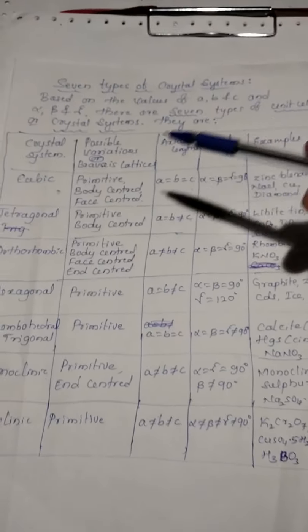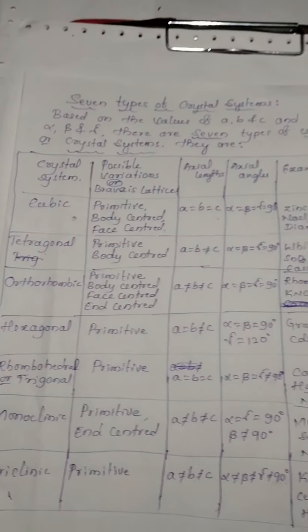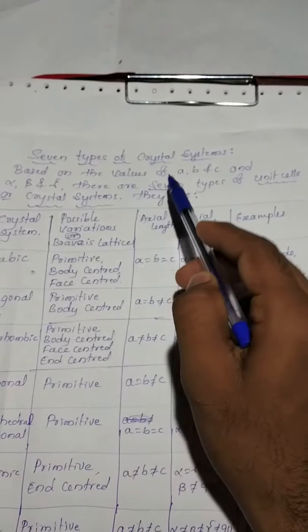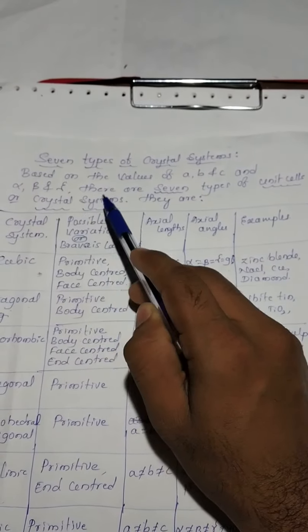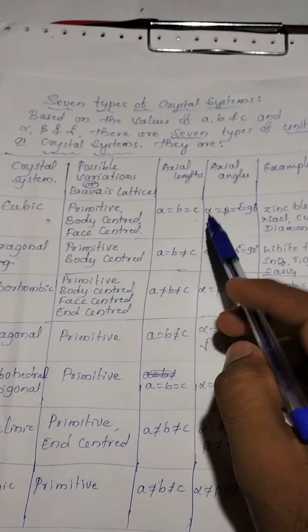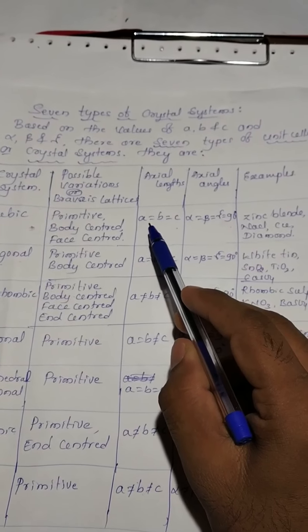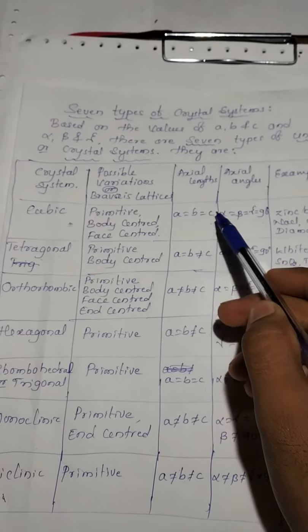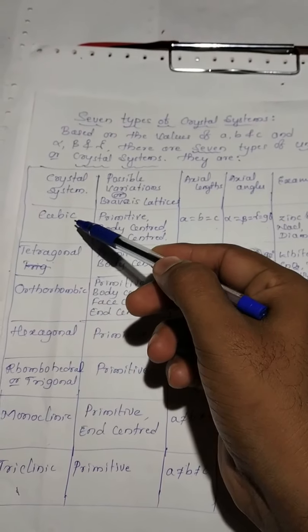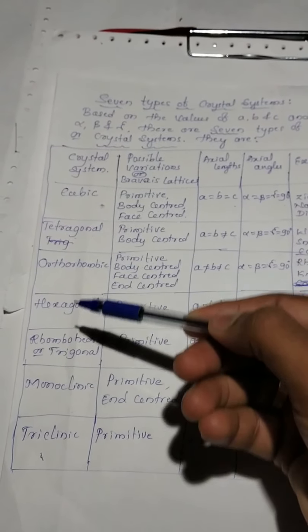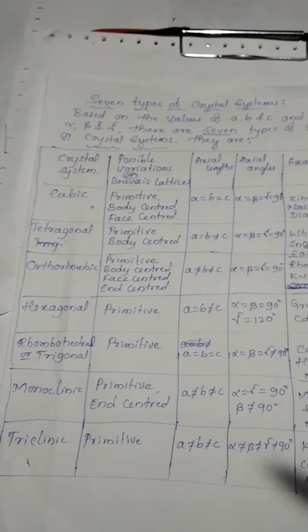Example, see here, just now I said based on the values of a, b, c and alpha, beta, gamma, there are 7 types of crystal systems. Already I said, a, b, c and alpha, beta, gamma are the parameters. Based on these parameters we can discover 7 crystal systems: cubic, tetragonal, orthorhombic, hexagonal, rhombohedral, monoclinic and triclinic.